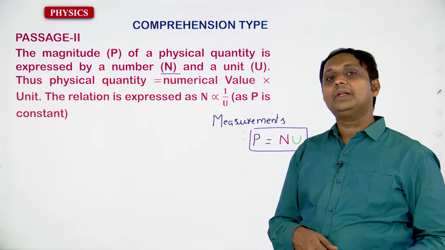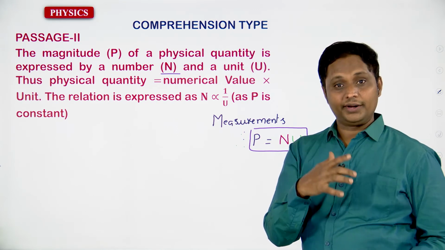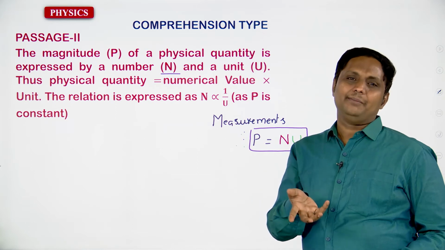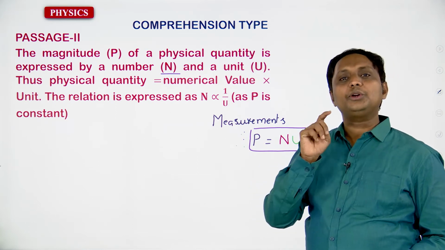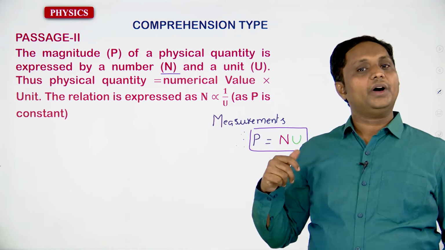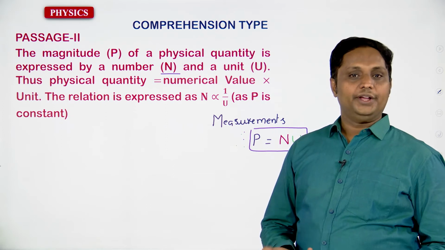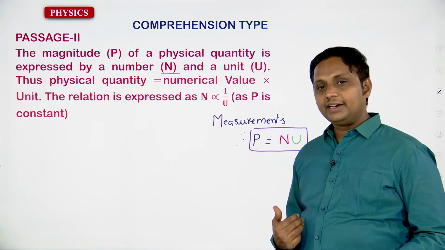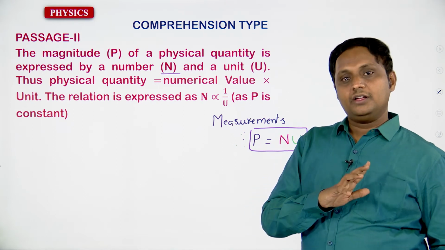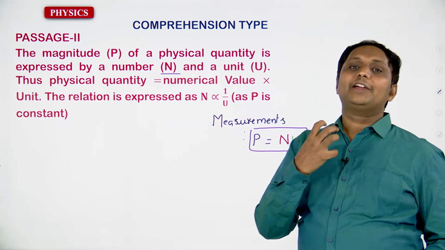If you take a quantity, it remains the same, but its numerical value depends on the unit. If you take 1 kg of sugar or 1000 grams of sugar, either in terms of MKS or in terms of CGS, you get 1 kg or 1000 grams, but the magnitude is the same.